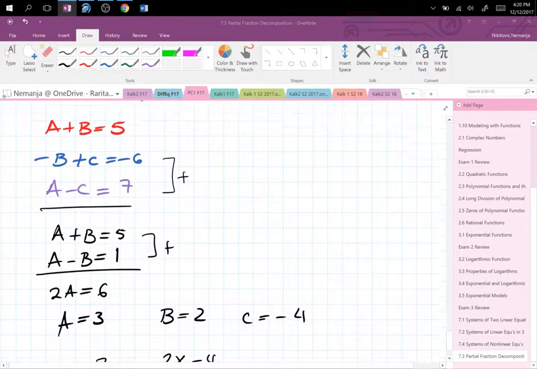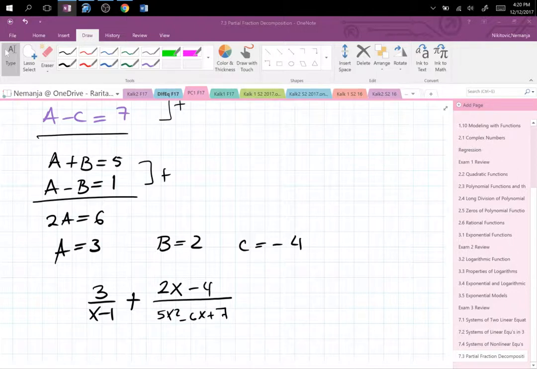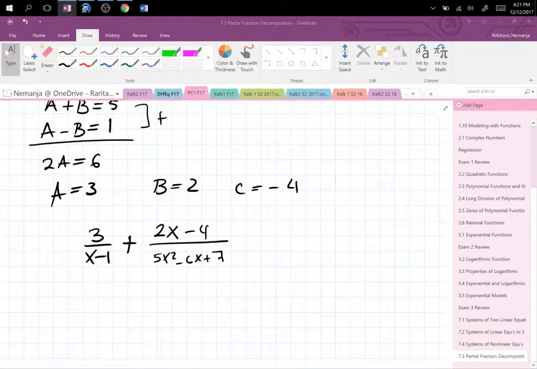Five x squared minus 6x plus 7. Yep, that's good.